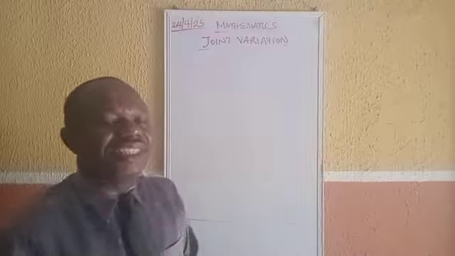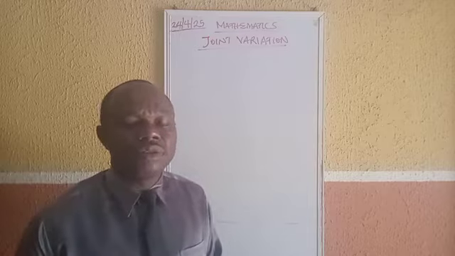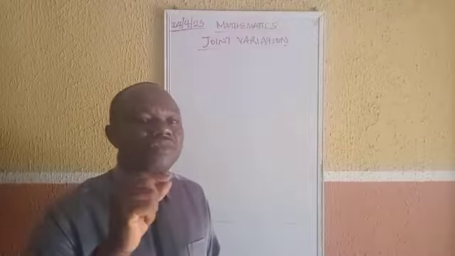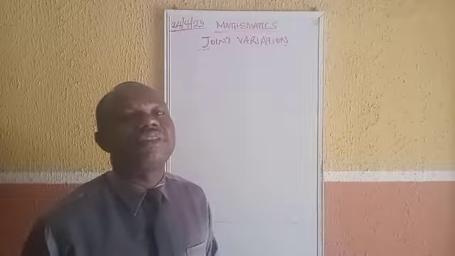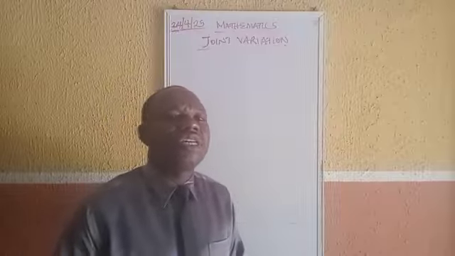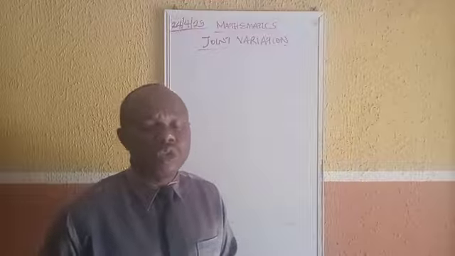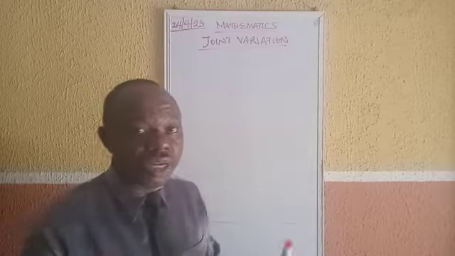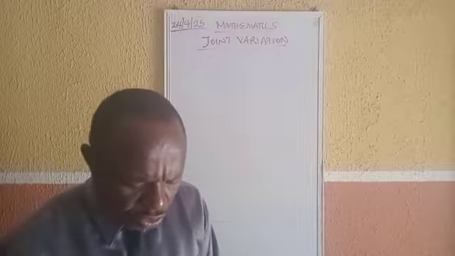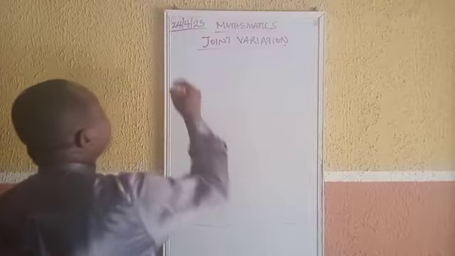A quantity can vary directly with two or more other quantities, or it can vary directly and inversely with other quantities, or it can vary inversely with two or more other quantities, depending on what we are asked. Let us see some worked examples on how we solve joint variation.